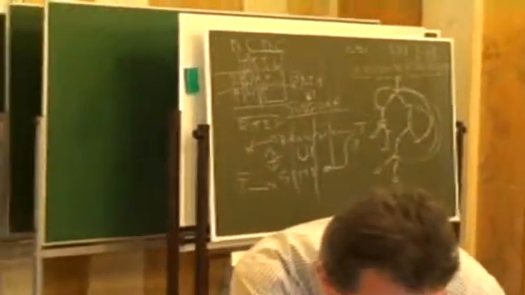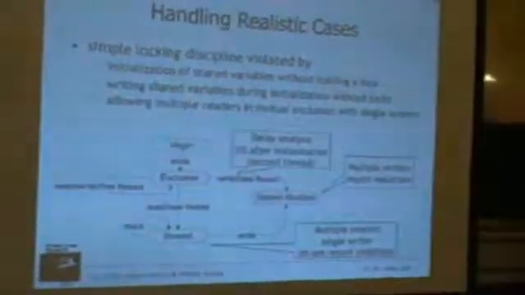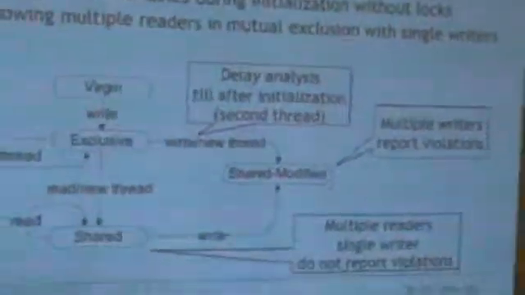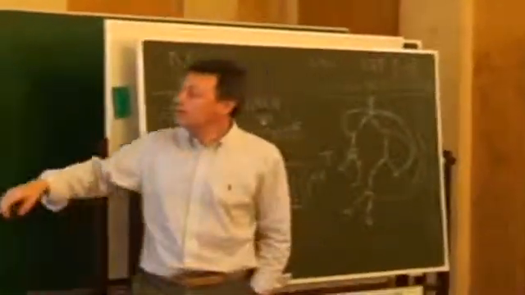last thing before the small break is this one. If you run lockset, in that very naive way, then you will get millions of warnings. Why?